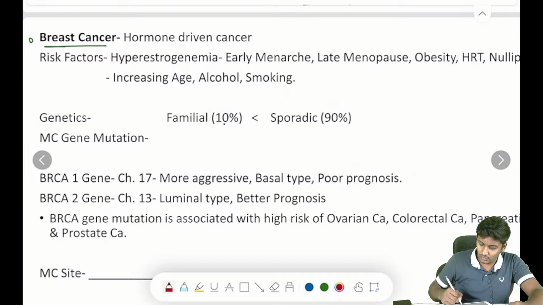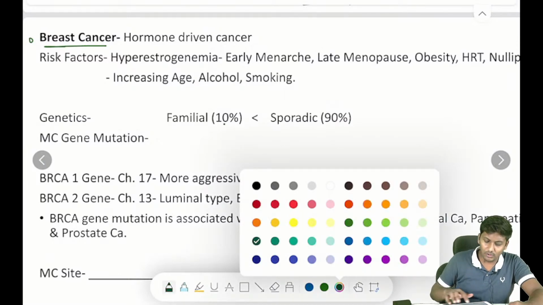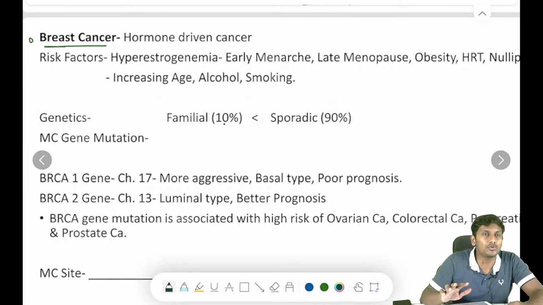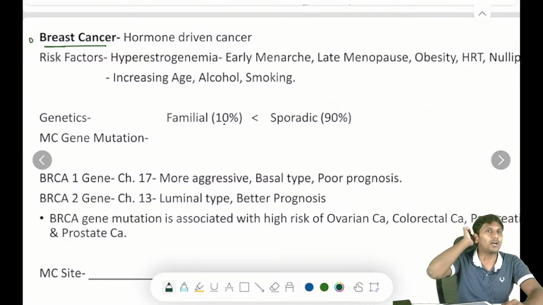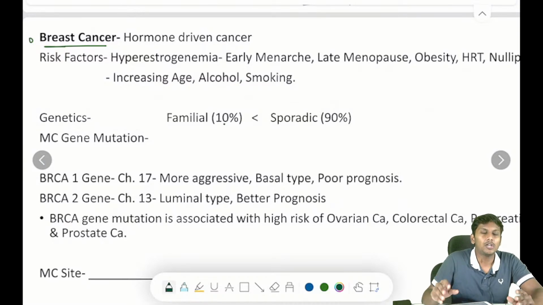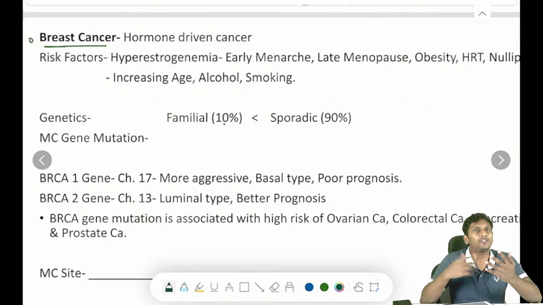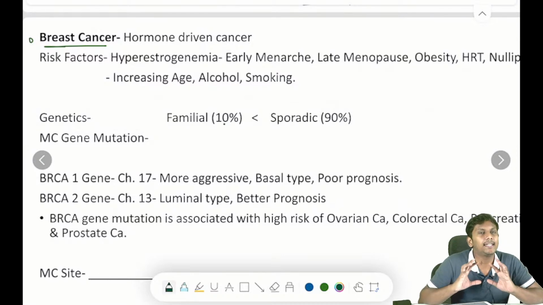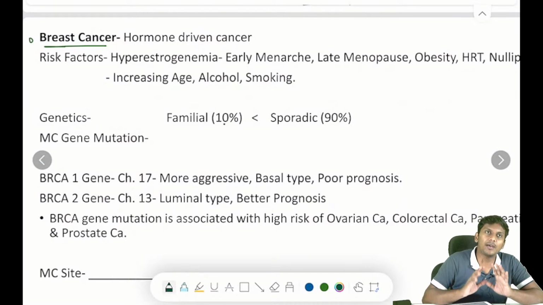Because we know there are two hormones which will act on the breast mainly. One is the estrogen, second is the progesterone in the reproductive age group. Definitely estrogen causes proliferation of the glandular epithelium. जो ग्लैंड्स में तुम्हारा एपिथेलियम होता है ना, उसका सेल डिवीजन या उसका प्रोलिफरेशन करवाने का काम कौन करता है? ईस्ट्रोजन करवाता है बच्चे. And then definitely stabilization is caused by progesterone.